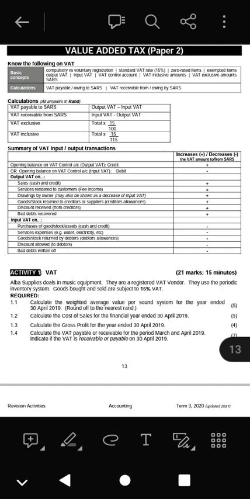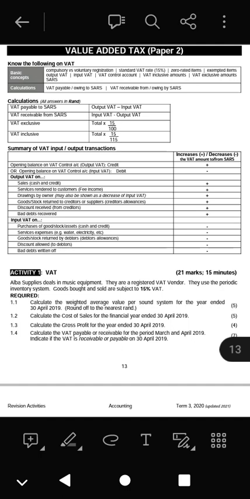When you get the difference between the two sides, if the credit side is bigger than the debit side, it means you have an amount that is payable to SARS. If the debit side is bigger than the credit side, then you have an amount that is receivable from SARS.